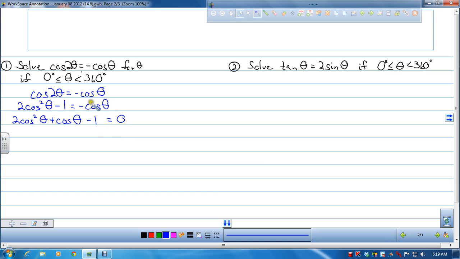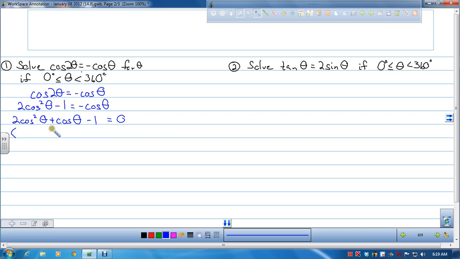All I did was move my cosine theta over by adding to both sides. And now I look at this as a trinomial. Now if this is confusing to you, you can think of your cosine theta being like just any variable, just an x. So this would be like having 2x squared plus x minus 1. Okay, so if that helps, you might be able to factor that a little bit easier.